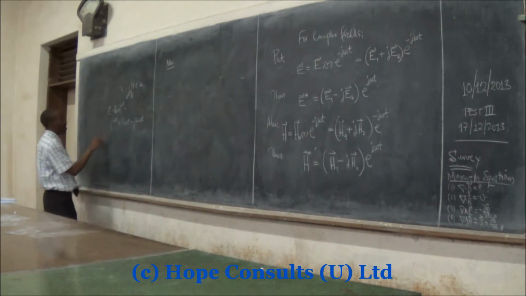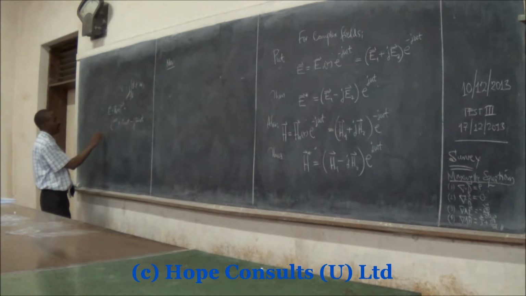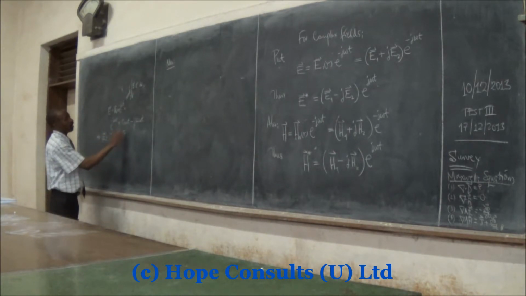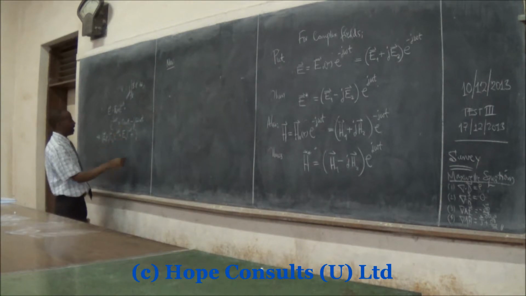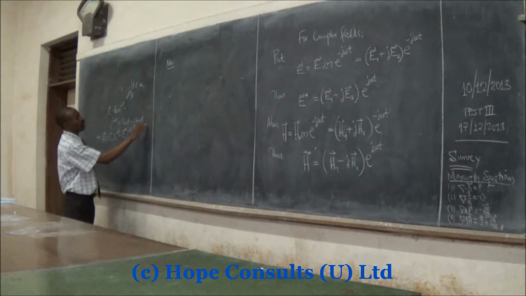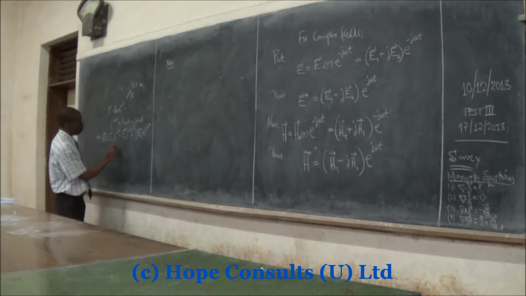Otherwise, this would have implied that E1 plus j E2 times e to the minus j omega t would give rise to E1 e to the minus j omega t plus j E2 e to the minus j omega t, and then this would be the same as E1 cos omega t.